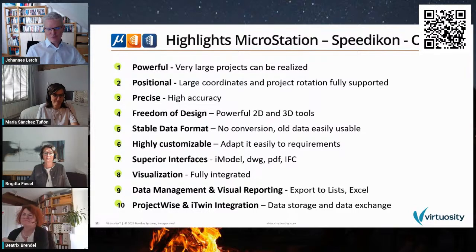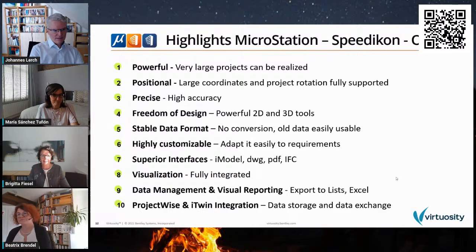I'll just go through. We can handle very large projects, for example this Terminal 3, with these tools, and we can work with large coordinates, meaning project rotation and real coordinates are fully supported. And although we work with these coordinates, it's still very precise. This was the first time we could do this for Fraport AG when designing the environment for Terminal 3.